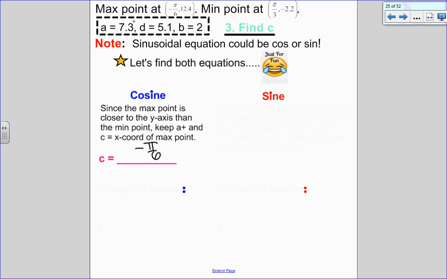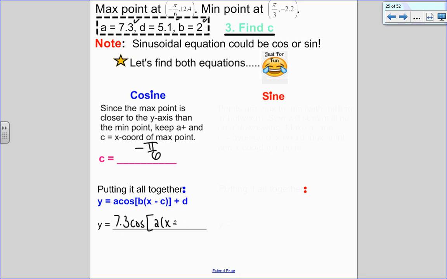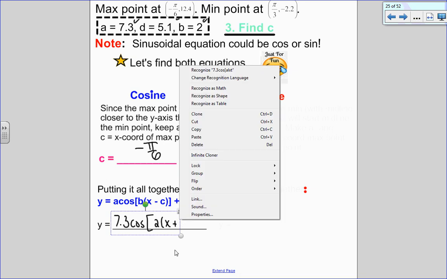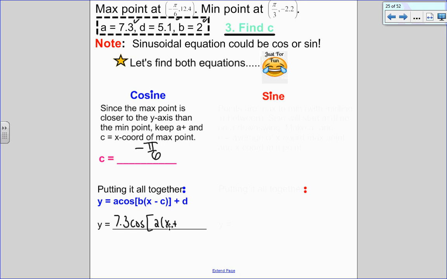So putting that together with the A value, D value, and B value that we already have, we can put that all together for my cosine equation. So cosine will be 7.3 cosine of B x minus C. So minusing a negative is actually adding a positive. Oops, pi over 6. And then plus my D value of 5.1.